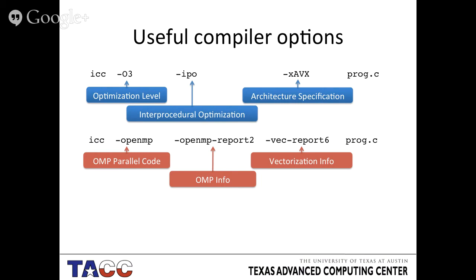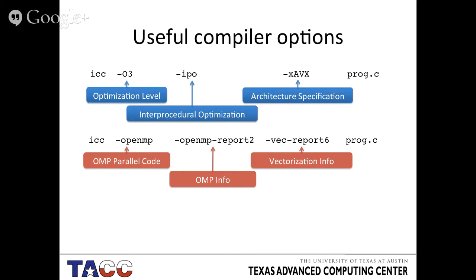And you can add these flags, -openmp-report and -vec-report, to obtain OpenMP and vectorization information. Vectorization information you can always obtain independently of whether the code is threaded or not. This is just an example because those options just happen to fit nicely in one line.